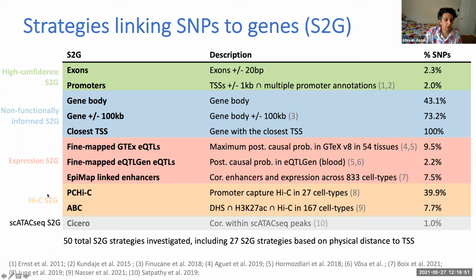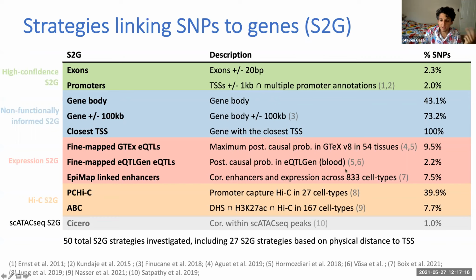Then you have other strategies based either on Hi-C data or on single-cell ATAC-seq data, and I won't spend time describing them. But what I want to quickly mention is that these strategies differ in the number of SNPs they are able to link to genes. For exons, only around 2% of the SNPs are in exons.